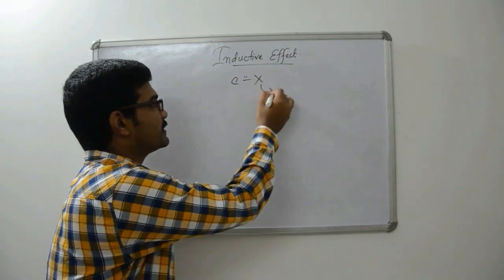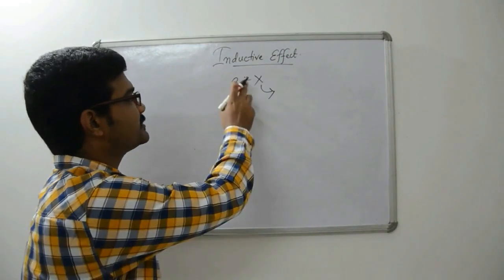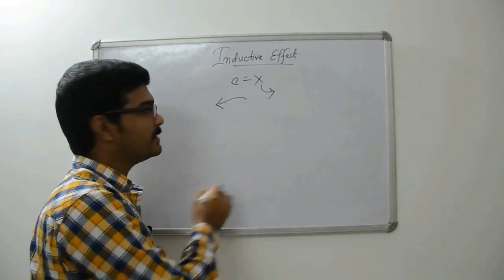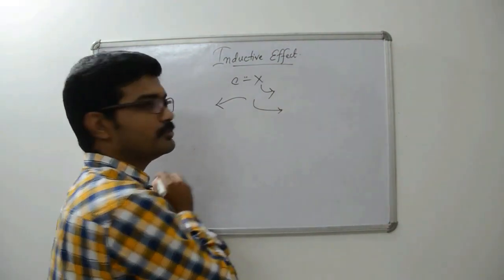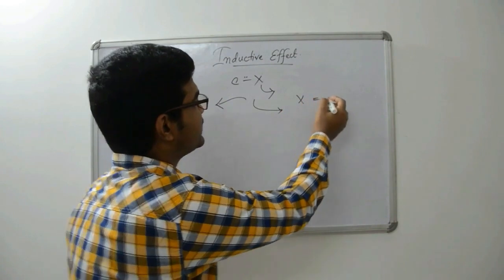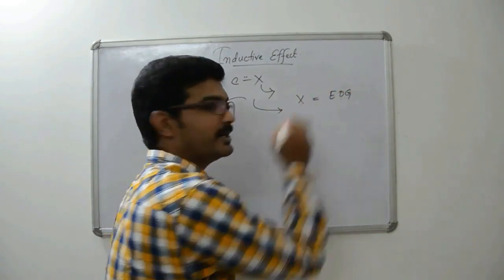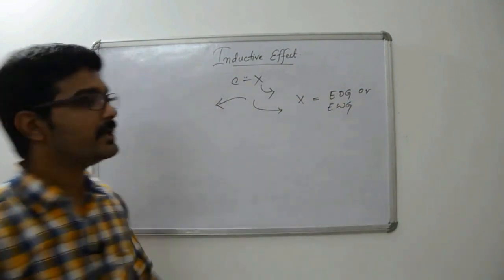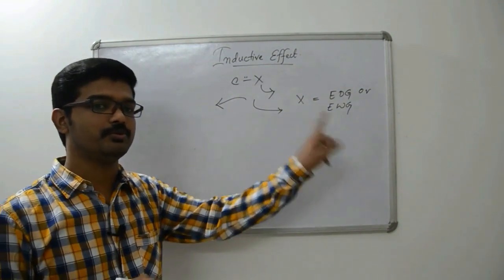Depending on the X group, this bonding pair of electrons is either shifted towards carbon or towards the X group. So the X group is either an electron donating group or an electron withdrawing group.